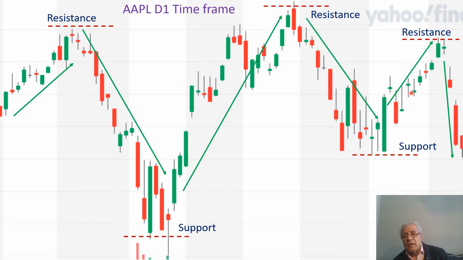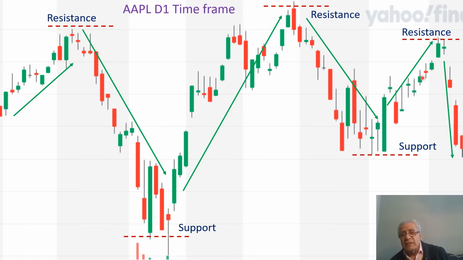and you can enter the market here. Now again, this is a nice uptrend, and at the top of this uptrend you see price rejection again by the resistance level, and this bullish candle followed by an indecision pin bar.